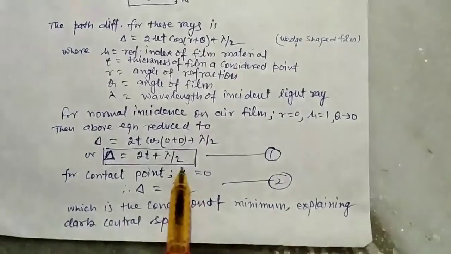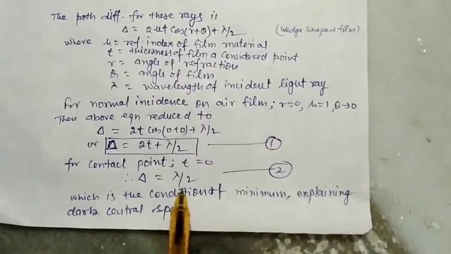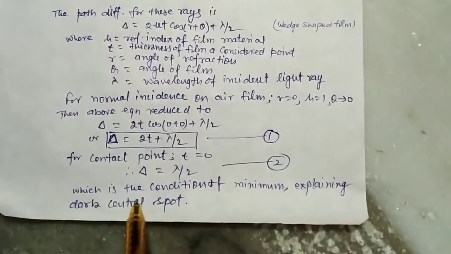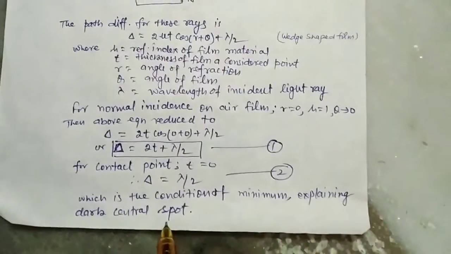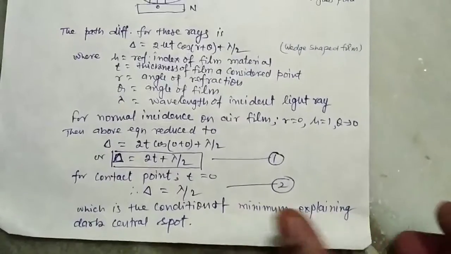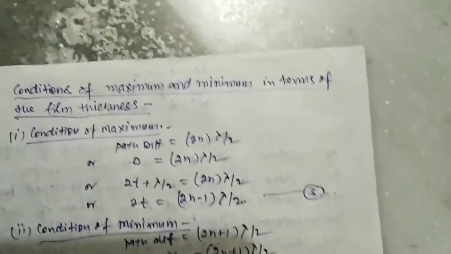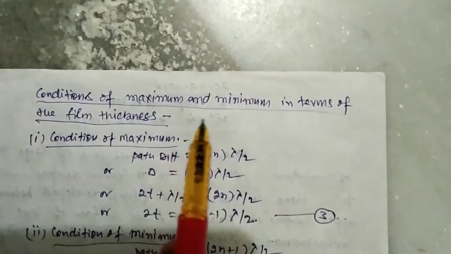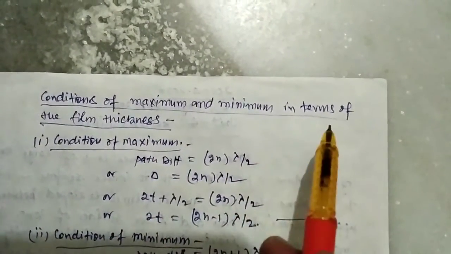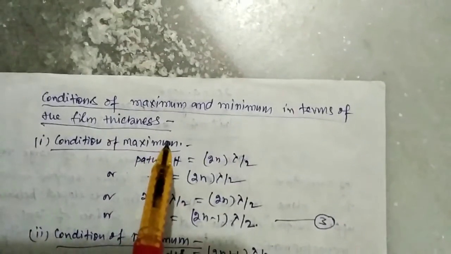Hence equation number 1 becomes delta is equal to lambda by 2. It is the condition of minimum, and this explains the central dark spot, that is, we can say the center is dark.